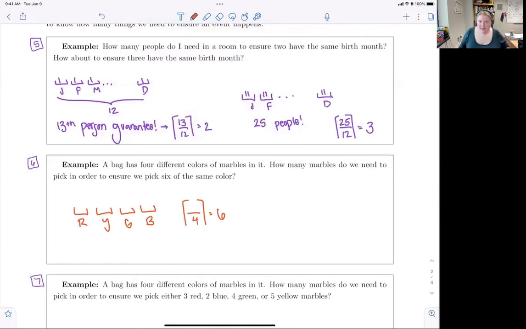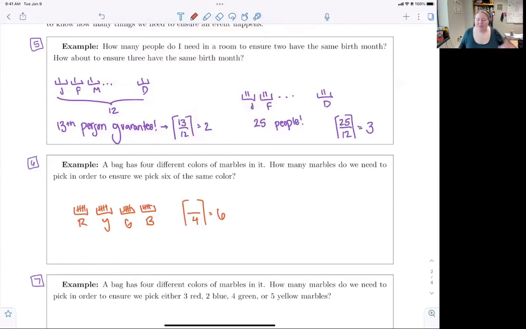Again, you can always pause this video and think about it for a second. But if you've thought about it, really what we're looking at is 1, 2, 3, 4, 5 for each color, kind of the worst case scenario in every single case.